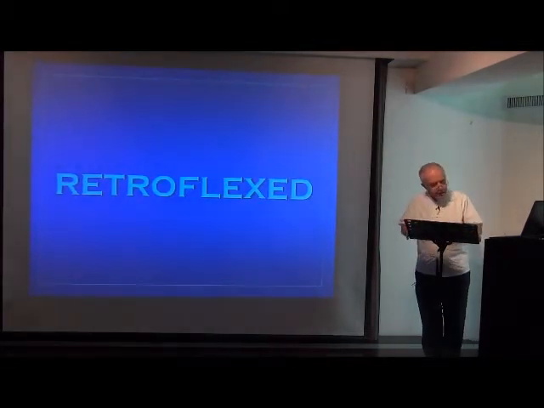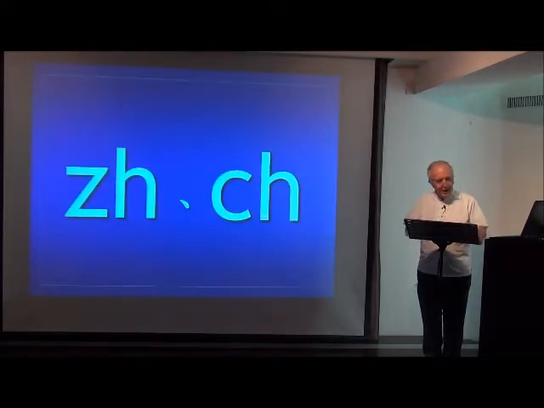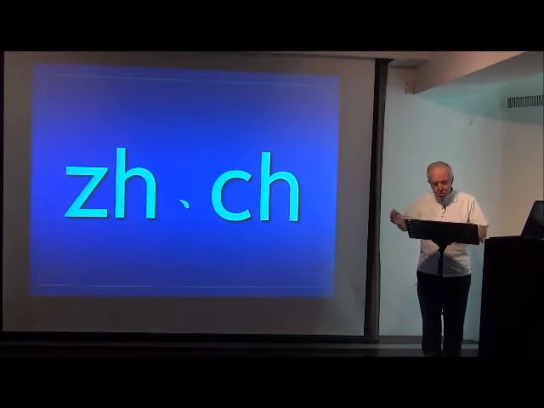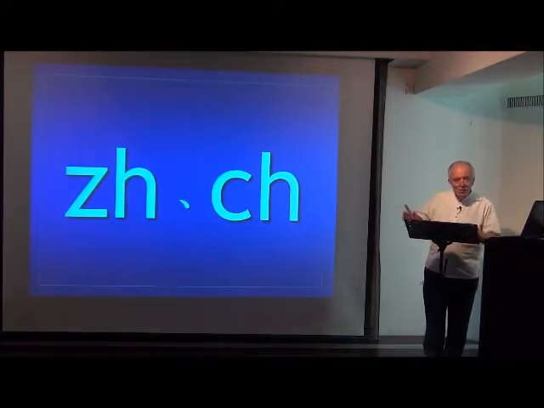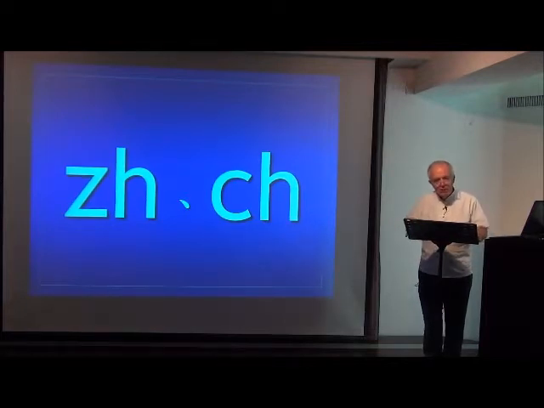Now let's move on to the next group called retroflex, where the tongue is curled back. And we have this with zhi, chi, shi, ri. Note with these four sounds, zhi, chi, shi, ri, it's a northern China, southern China distinction. In the north of China, they curl it back, retroflex, zhi, chi, shi, ri.